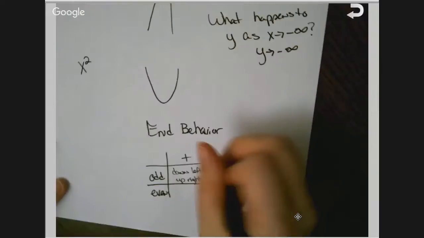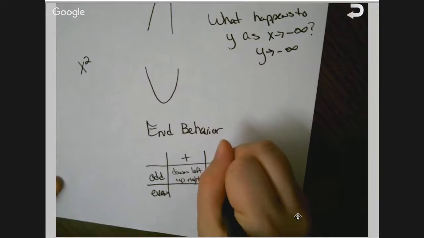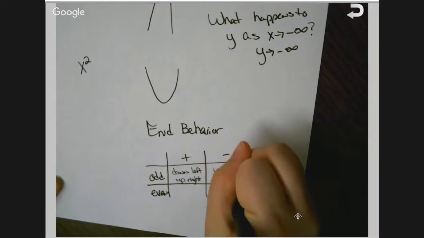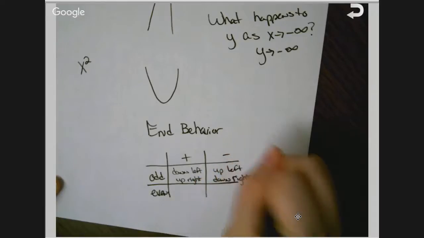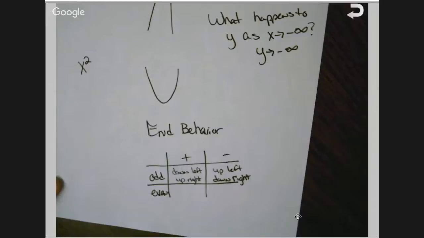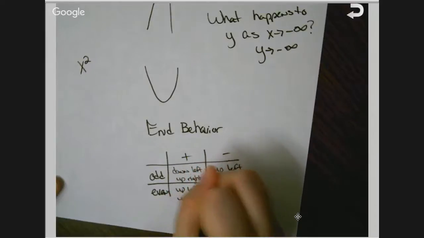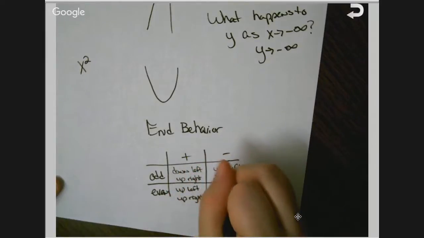So it would go opposite. It would go up on the left and down on the right. Even positive is up left and up right. And then even negative is down left and down right.